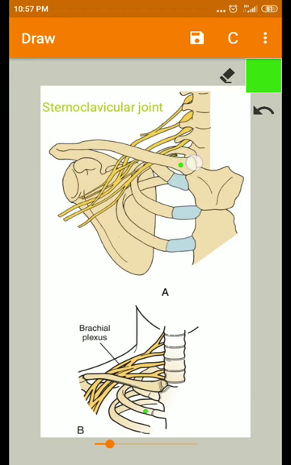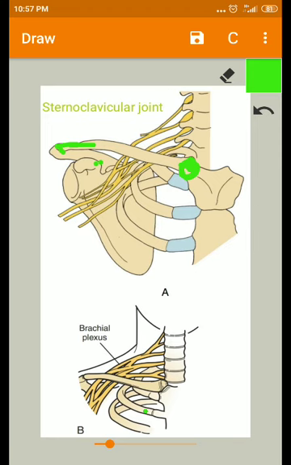Also, any movement which takes place at the sternoclavicular joint will also cause movement on the lateral side of the clavicle, which has a connection with the scapula. So the movements caused at the sternoclavicular joint also cause movements in the acromioclavicular joint as well as the scapula movements on the thorax.